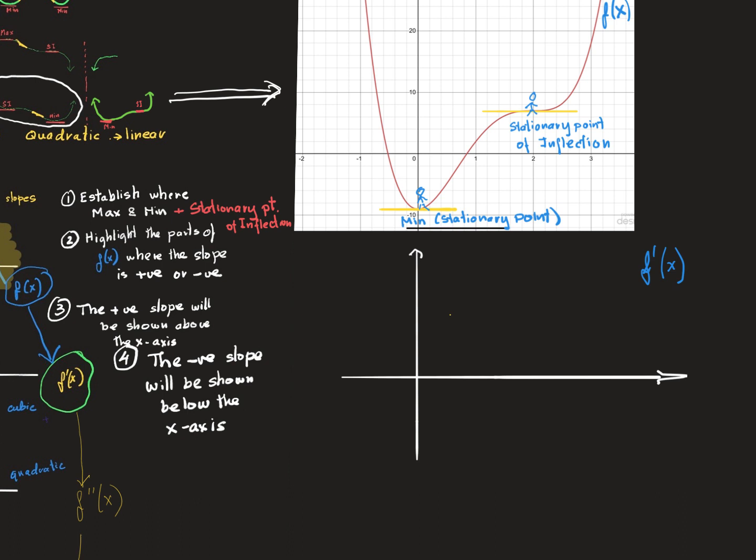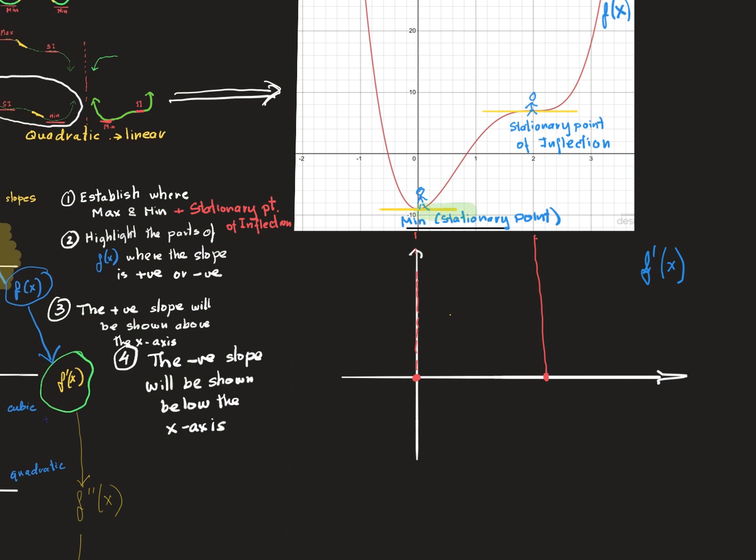And therefore we mark it on the graph here on the x-axis, and also on this part here by drawing a vertical dashed line. And now we need to highlight the parts where the slope of that function is positive or negative.